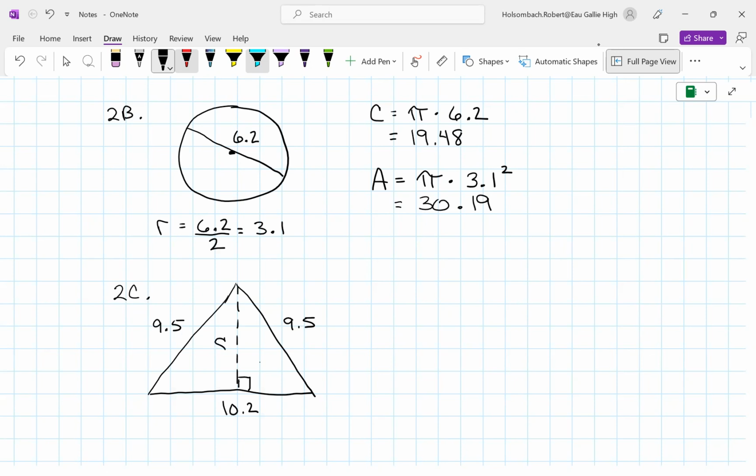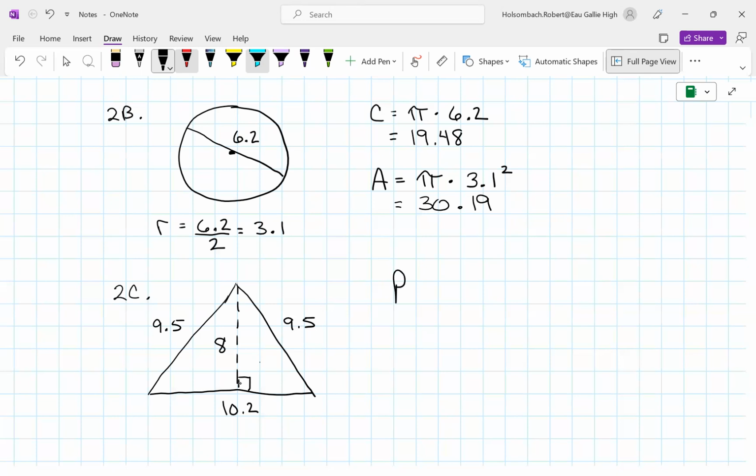And it's listed as 8. So that dashed line going down the middle of the triangle represents our height. Since that dashed line is perpendicular to the segment that's 10.2, the 10.2 is our base. So there's your base and your height.